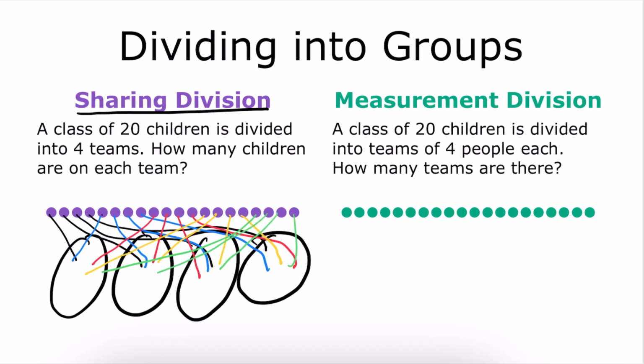And obviously this would be easier if you were working with kids, because you could have physical objects that represent the 20 children and then you could split them up into 4 teams.